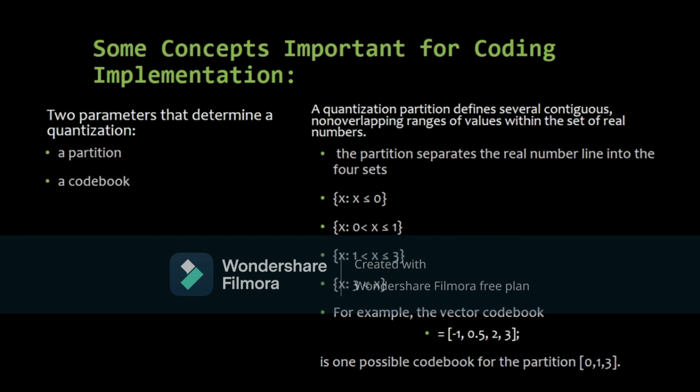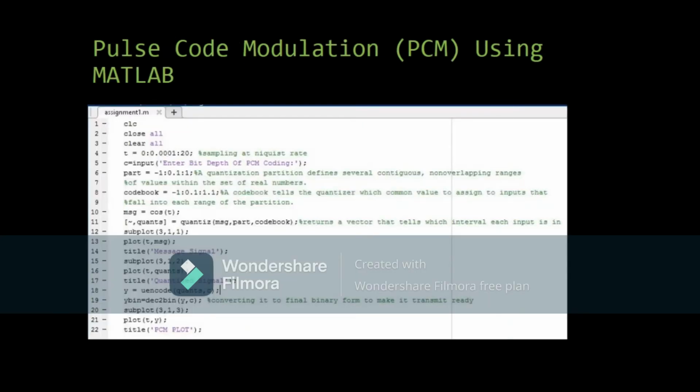The partition separates the real numbers into four sets: first, samples not more than 0; 0 to not more than 1; 1 to not more than 3; and above 3. For example, the vector codebook is determined as -1, 0, 4, 5, 2, and 3. It's one possible codebook for the partition.